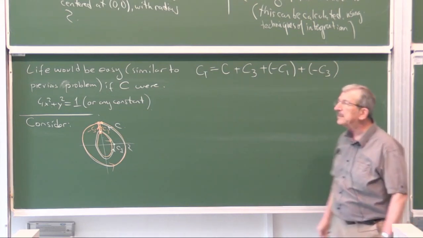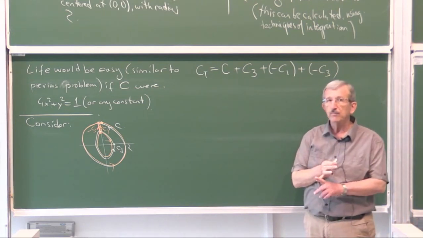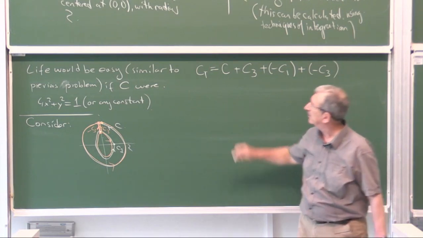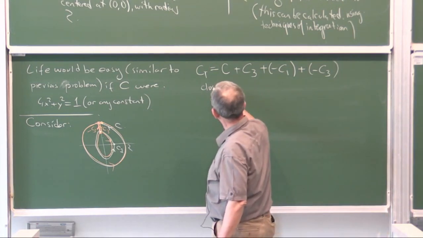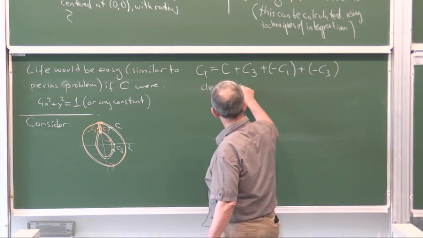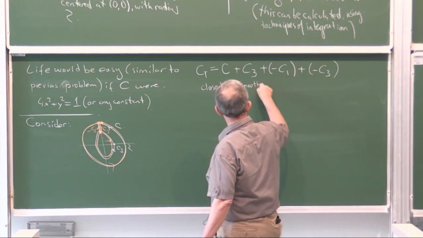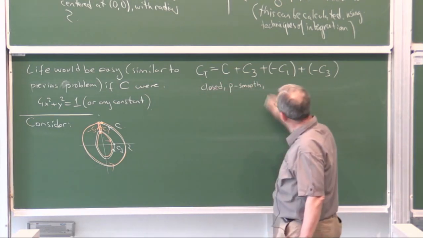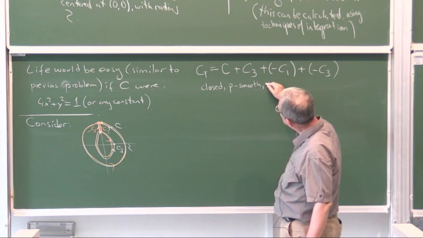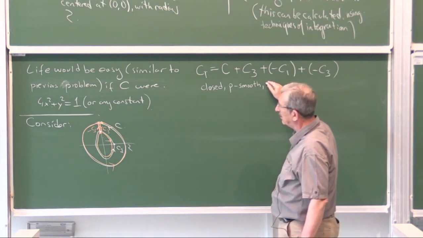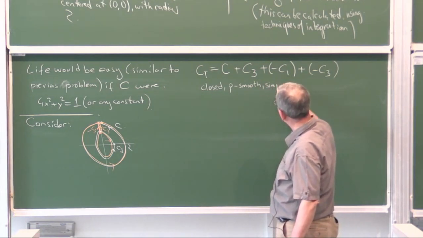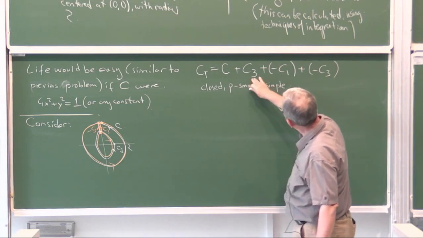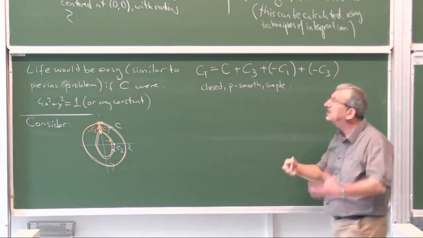Now, this is a piecewisely smooth, certainly closed, and simple in the following sense. I regard C3 and minus C3 as different curves.